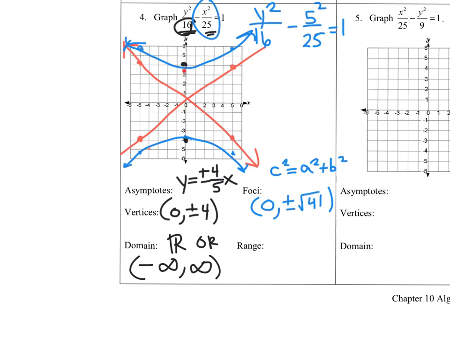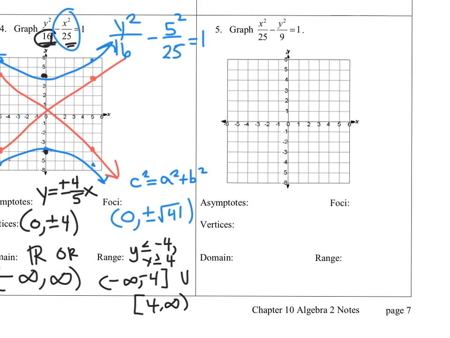So there's nothing going on between negative 4 and 4. So you can write that as y is less than or equal to negative 4, and y is greater than or equal to 4. Or you can use interval notation and write it as negative infinity to negative 4, including negative 4, in union with 4 to infinity. So remember that these brackets mean that it includes it.